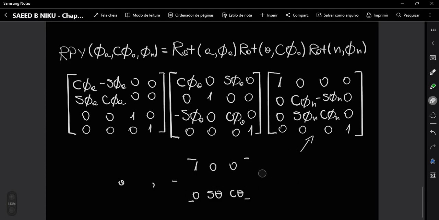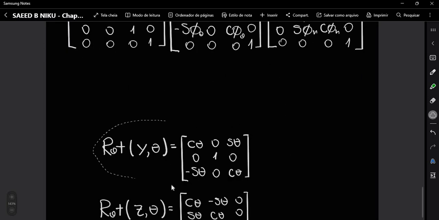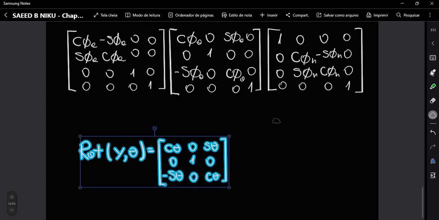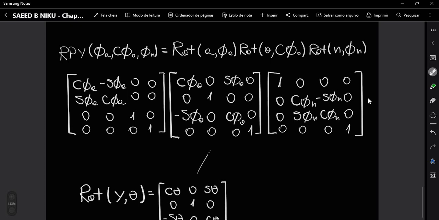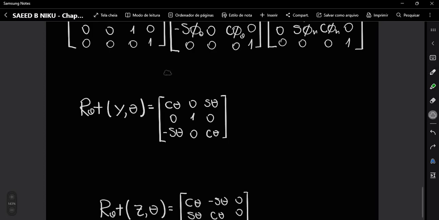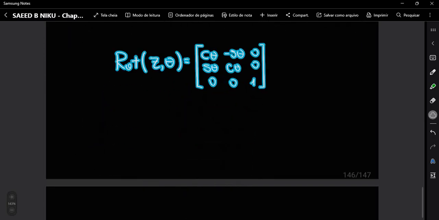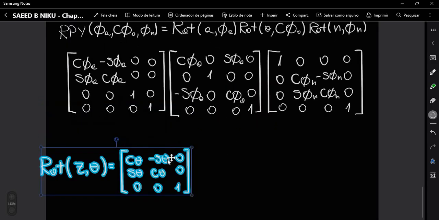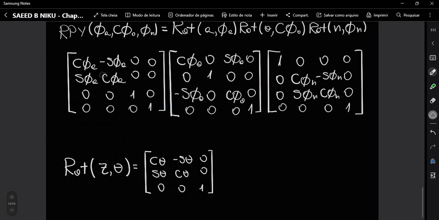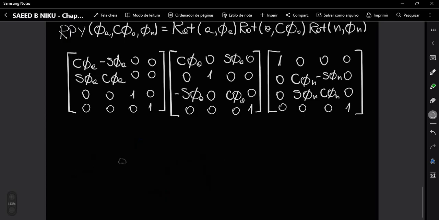Okay. And for Y, this one. Okay, this one for Z. And we have to do this operation of multiplication between these matrices.